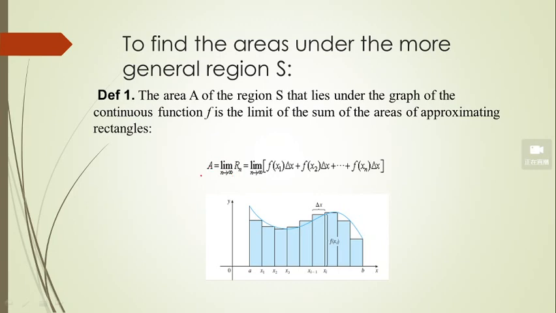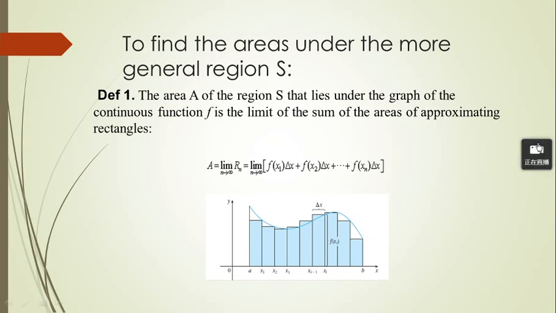Then we know the area A is 1/3. So that is the definition for A. And this is just the expansion of Rn. This is what Rn means. Specifically here, we choose the right endpoint.